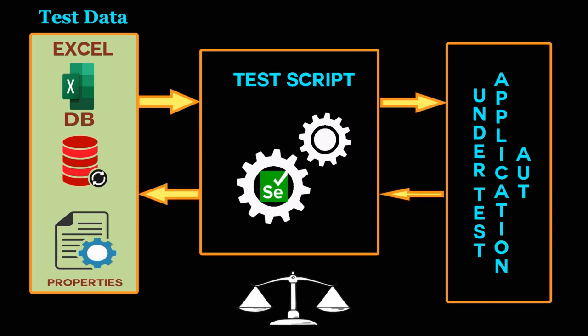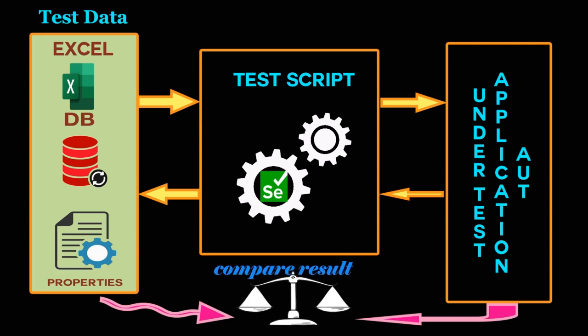The second approach is you can hard code it in the script, but that is not advisable. You should not hard code the test data inside a script, because if there is a change, you can't go and update all the scripts wherever the data has been used. So it's not a good approach to use hard coded values inside the script.